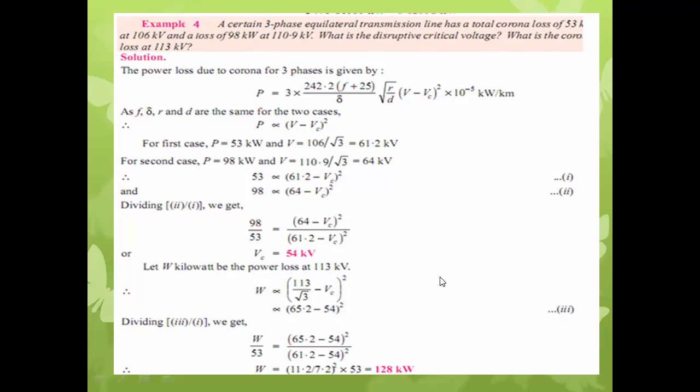One part we have determined or derived: Vc is equal to 54 kilovolt. Now he has asked to calculate at 113 kilovolt, what is the power loss due to the corona discharge?